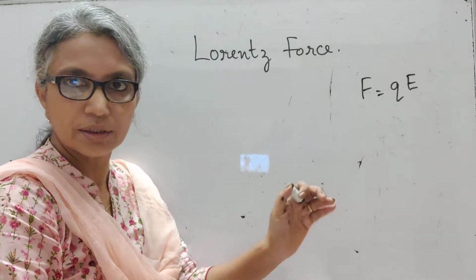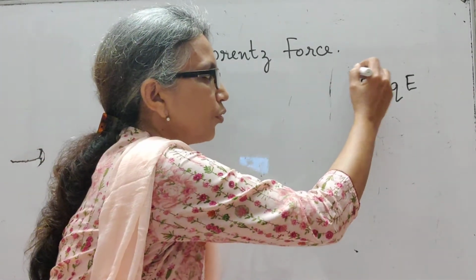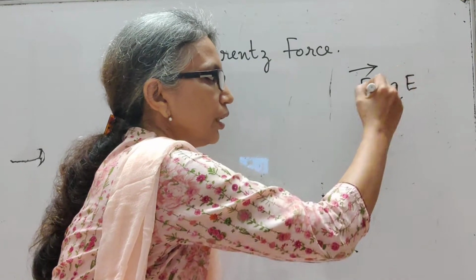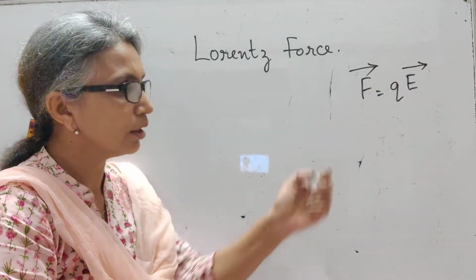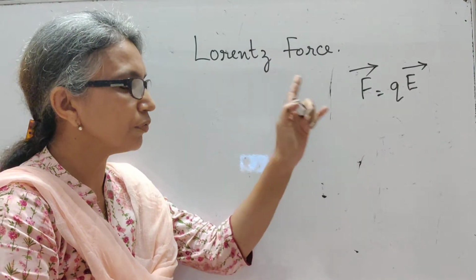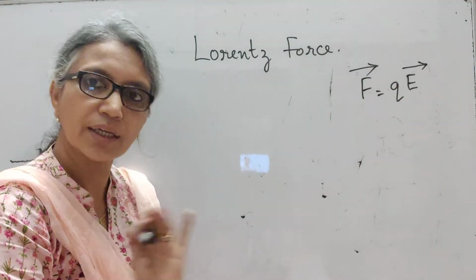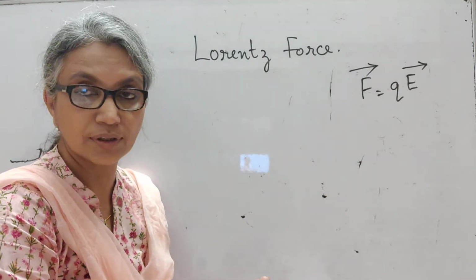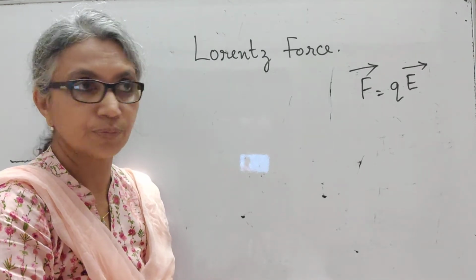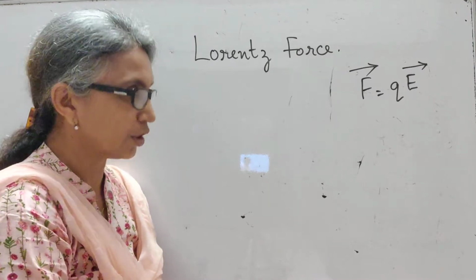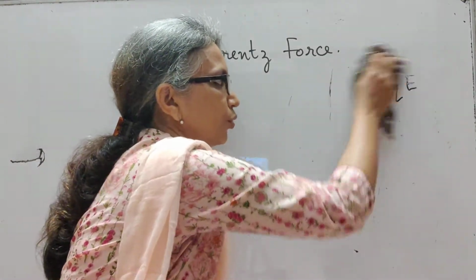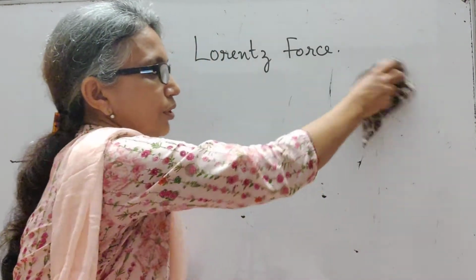Relatively simple, simply because even though the force is a vector quantity, it will have the same direction as the electric field, because Q being a scalar, electric force will always be in the same direction as the electric field. So even though force is a vector, not much confusion, because if you know the direction of the electric field, you know the direction of force acting on the charged particle. F equal to QE, electrostatic force.